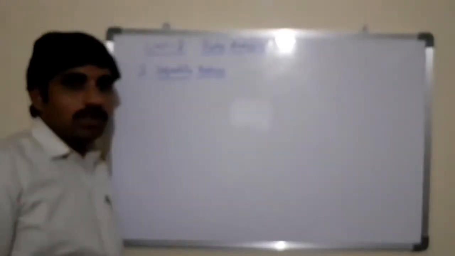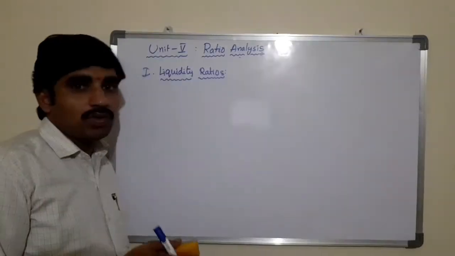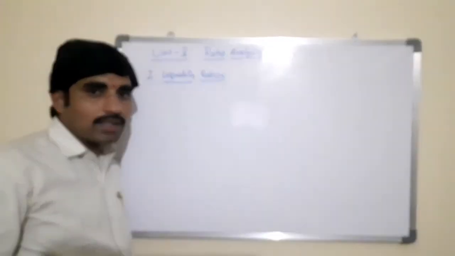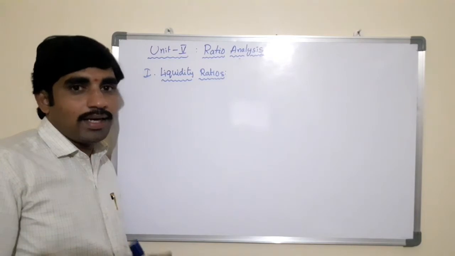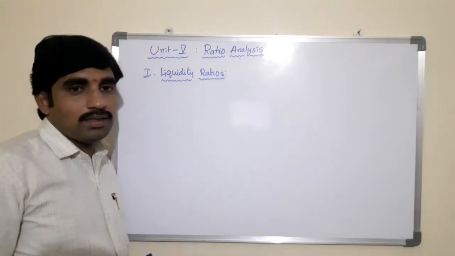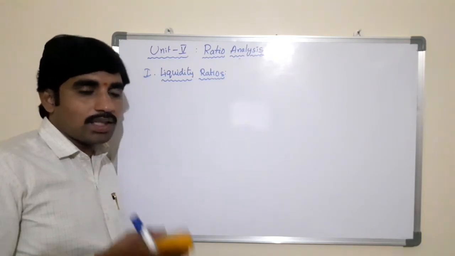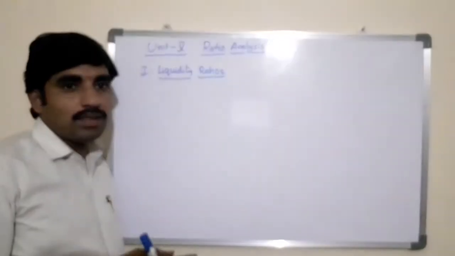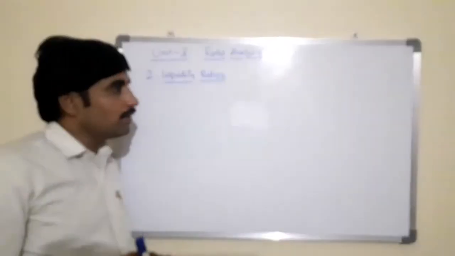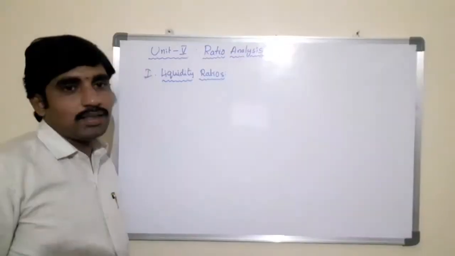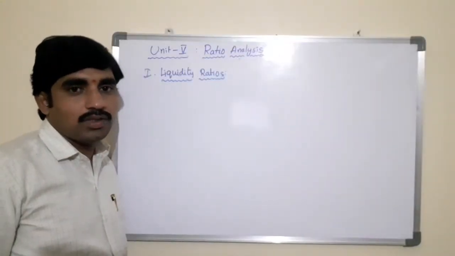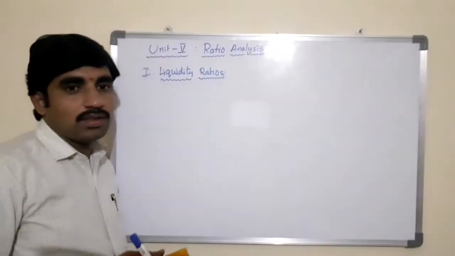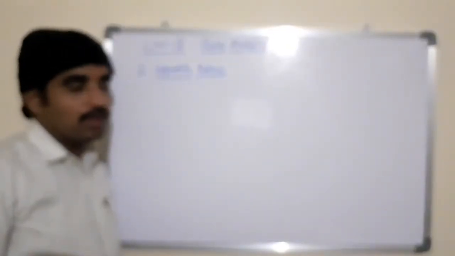This ratio is also an effective source to ascertain whether the working capital has been effectively utilized by the business. Liquidity ratio means the ability to repay the loan. Liquidity ratios are also known as short-term financial solvency ratios because they are used to know the short-term solvency position of the business.